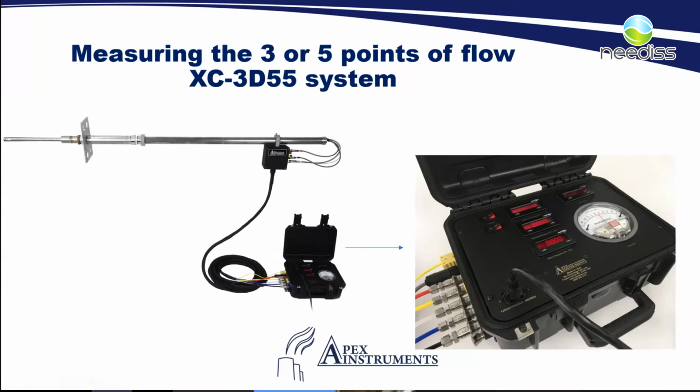The little console box there, which is quite small, about the size of a very small laptop, is making a manual reading of the pressures coming from the pitot, but none of that information is recorded or calculated inside of that console. It's just displayed as a value, and you would have to manually record all of that information when you're sampling.